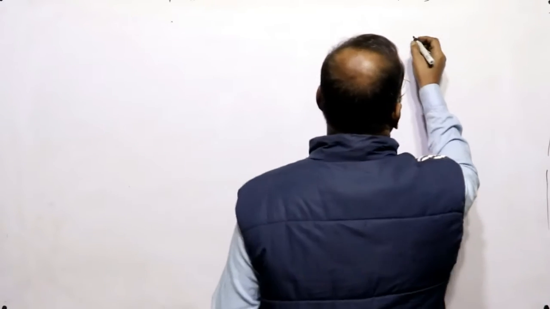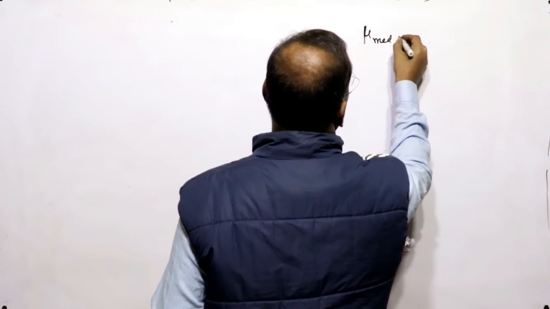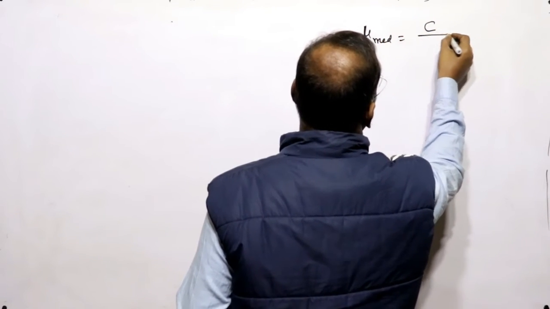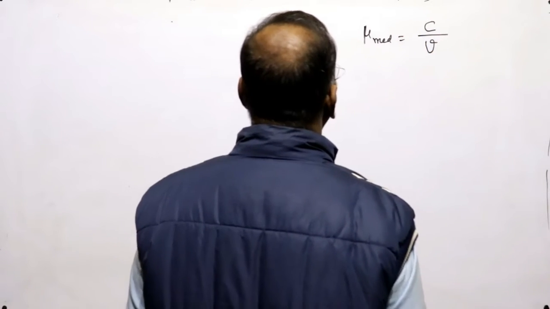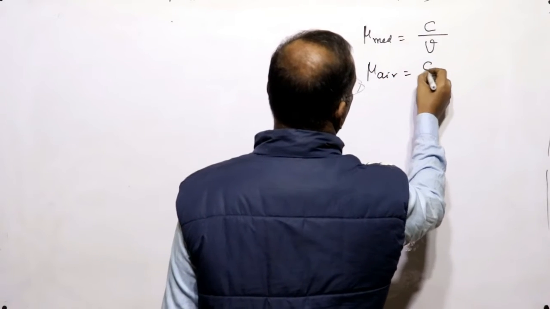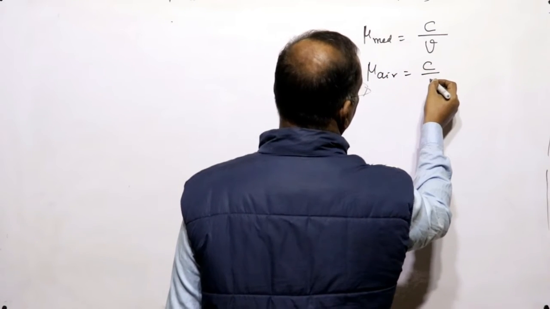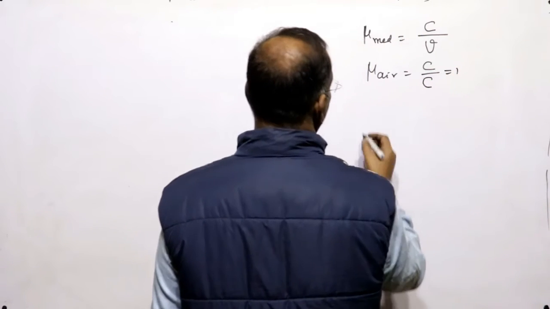Therefore, the refractive index of a medium is equal to the velocity of light in vacuum divided by the velocity of light in the medium. The refractive index of air is equal to C divided by the velocity of light in that medium, that is air, which is equal to 1.